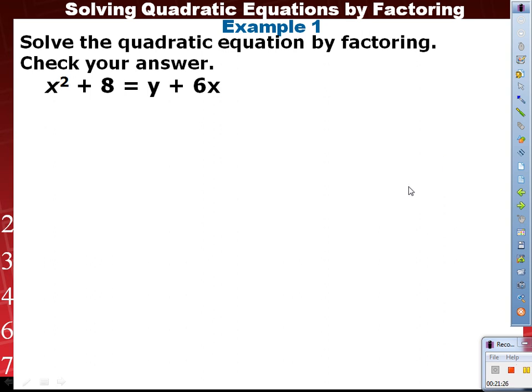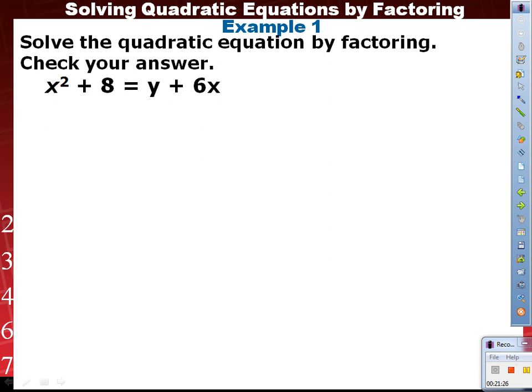Example 2, y minus 7x equals x squared plus 10.